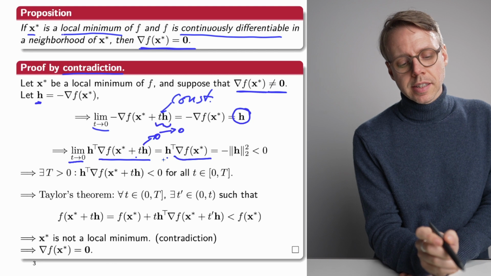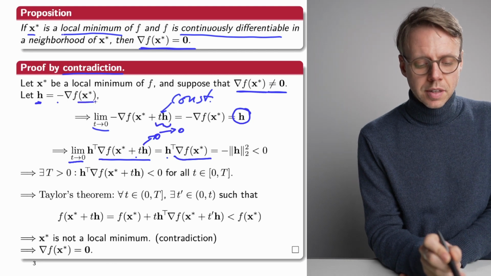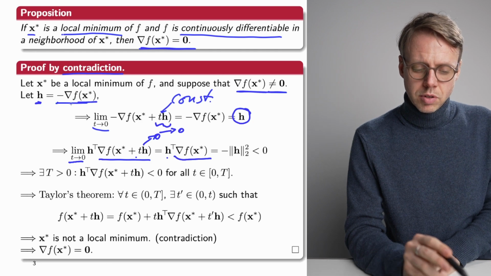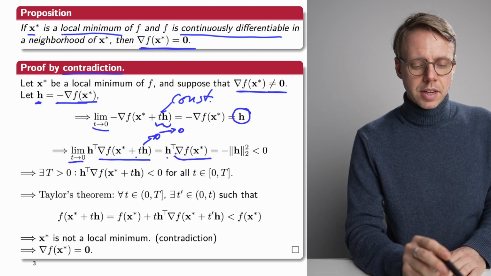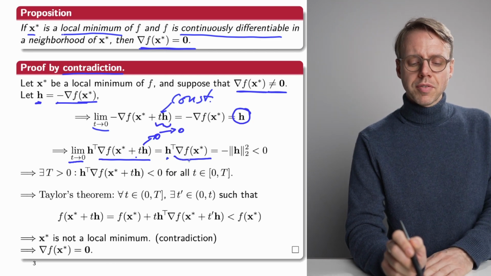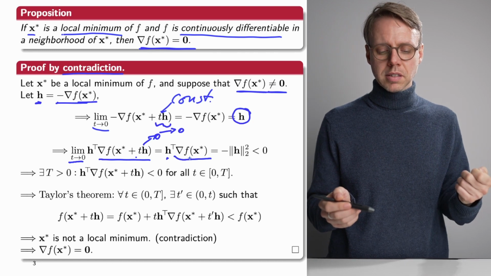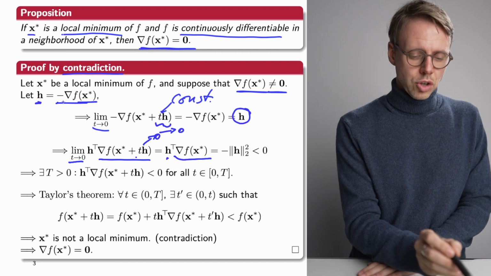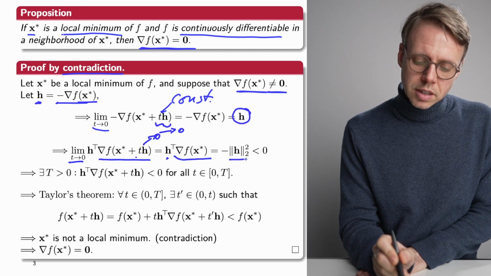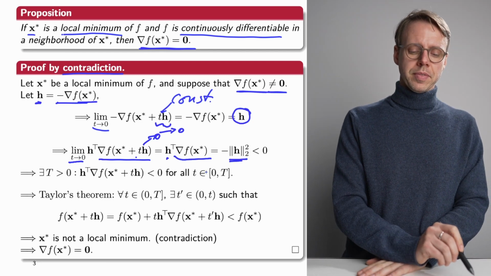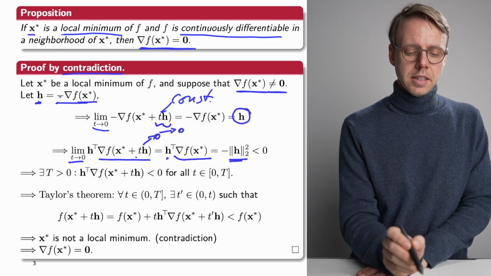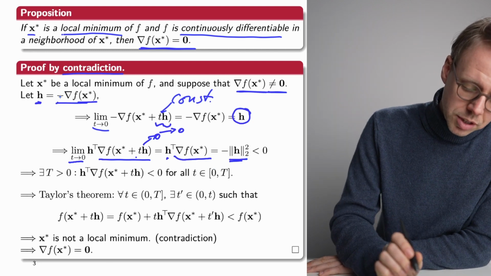Now by the choice of our h, if we plug it in, we have now here minus the gradient of f at this point x star times the gradient of f at the point x star. So it's minus the dot product of the gradient with itself, which is equal to the squared L2 norm of h. Because we have minus times minus, so let me write this out.